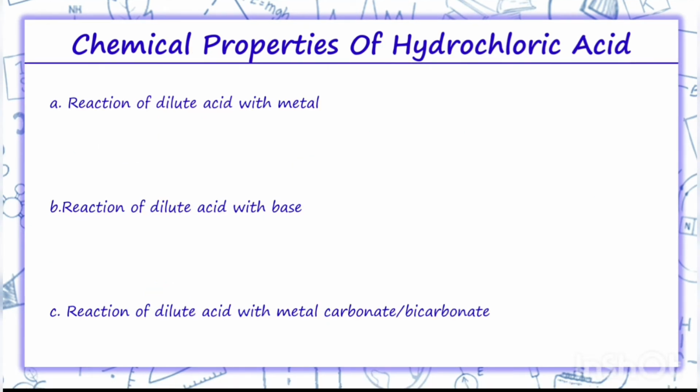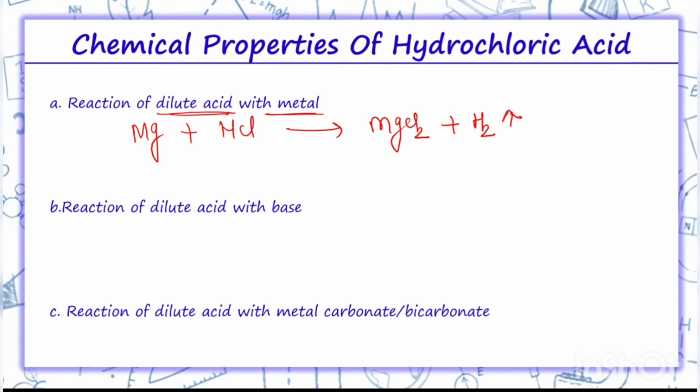Coming on to the reactions of HCl, the reaction of dilute acid with metal, like magnesium, when it reacts with HCl, forms MgCl2 and hydrogen gas is liberated. Over here, we see hydrogen effervescence, bubbles of hydrogen gas evolving in the liquid. Similarly, Zn, an active metal, reacts with HCl and forms ZnCl2 plus hydrogen. Second property is reaction of dilute acid with base.